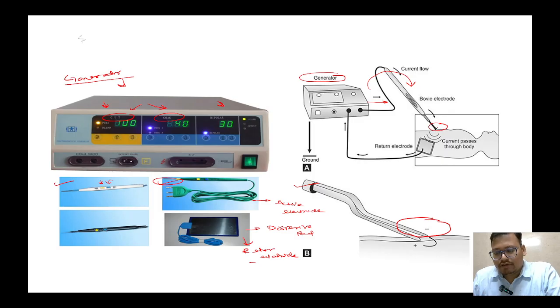The radio frequency AC current is concentrated at the tip, so it will produce heat, which will cause coagulation of the protein. Then current passes through the dispersive pad, the return electrode, to the machine again, and it completes the circuit. This is for monopolar. We will discuss bipolar again later.